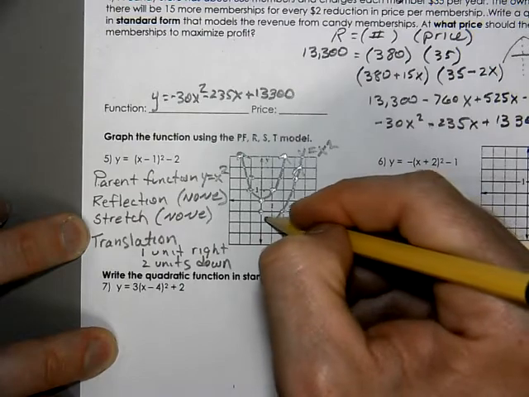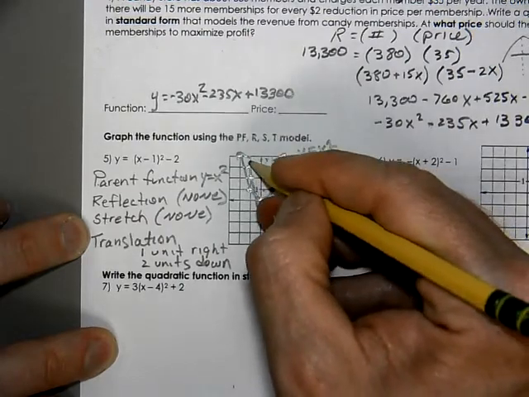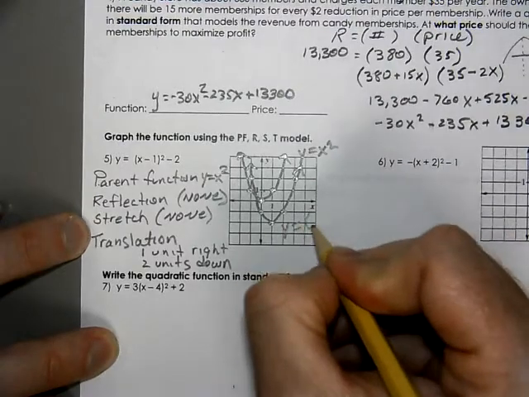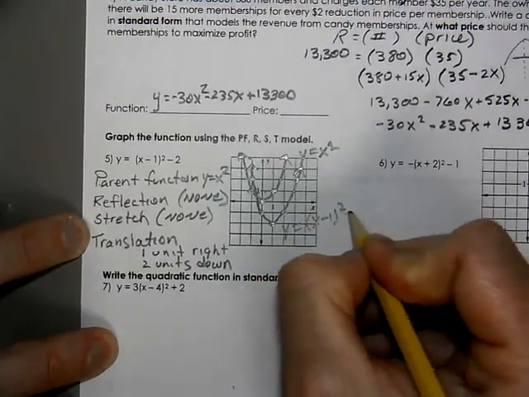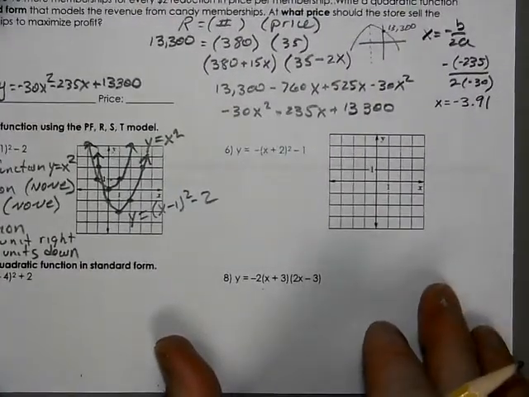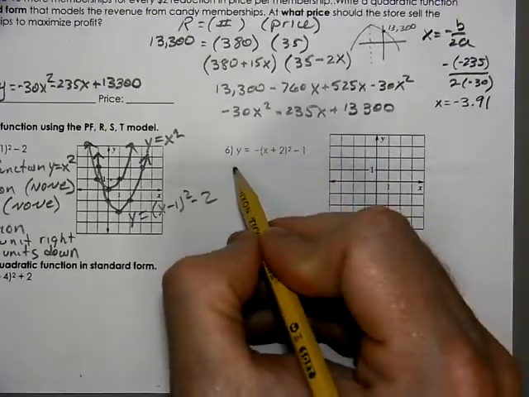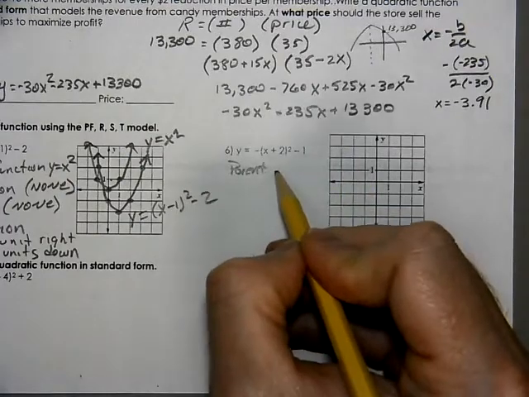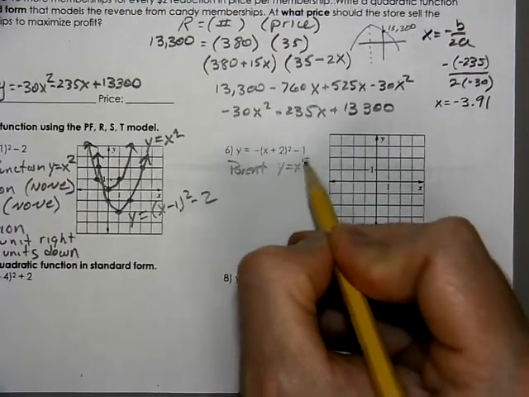You can use different colors, which would be fabulous. Label your equation. The parent is going to be y equals x squared.